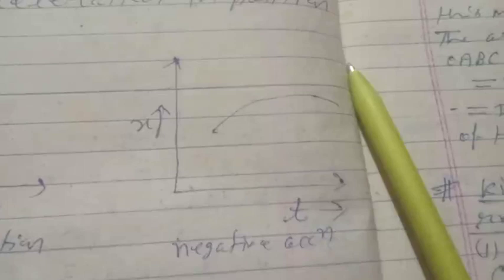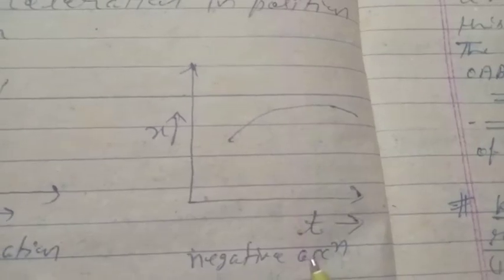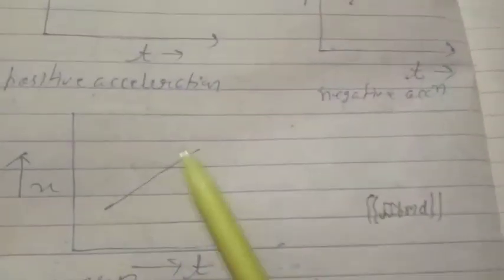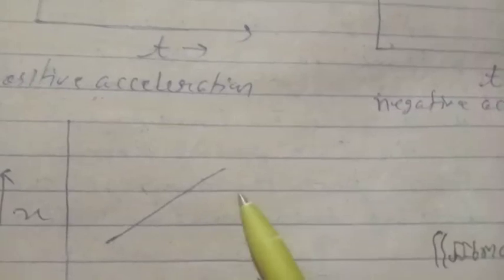If the graph is like this, with this representing the position axis and this the time axis, then this graph represents that the acceleration is negative. And if the graph is a straight line in the position time graph, then it represents zero acceleration. That is, there is no acceleration, and the body is moving with constant velocity.